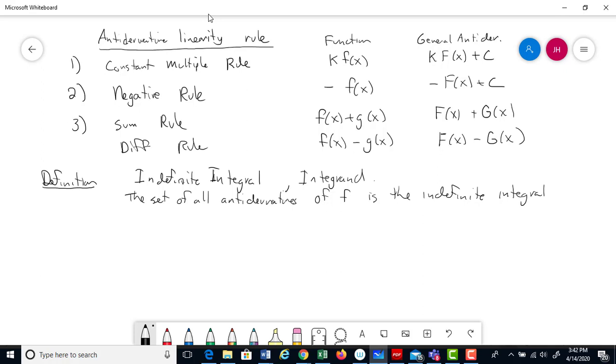So we say the antiderivative of f is the indefinite integral of f with respect to x. And the way we write that is the integral of f of x with respect to x. This is our notation.